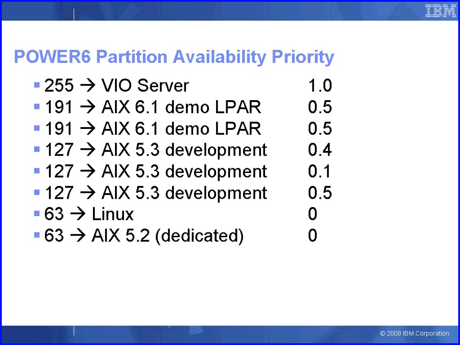Because if you add up all the CPU used, it actually comes to 3 CPUs, and so we can survive without actually deallocating anything. If, however, my AIX 5.2 partition was up, remember AIX 5.2 can't use shared processors. So it's going to be a dedicated partition, and it would use a whole CPU, and that would be the first one that would be deallocated.